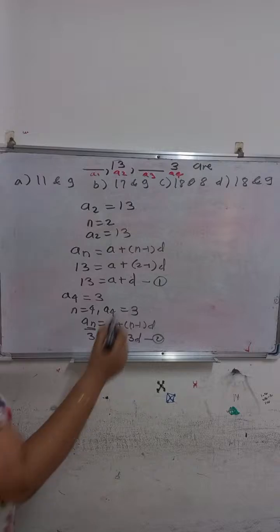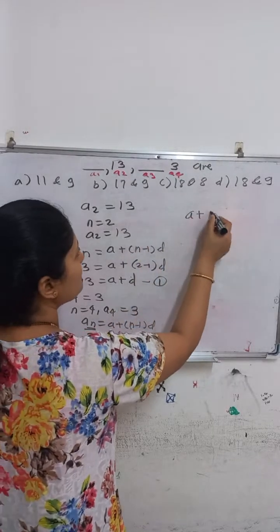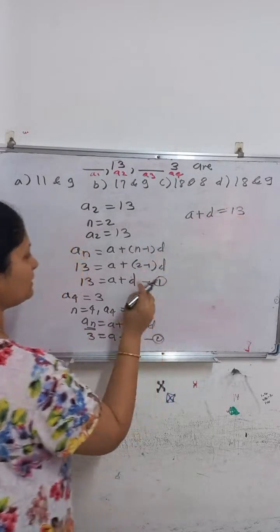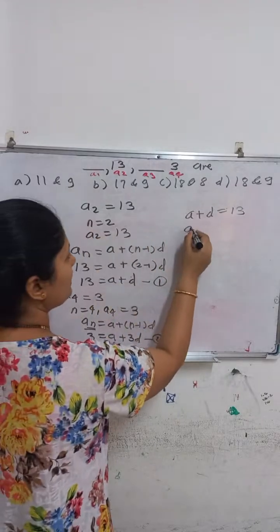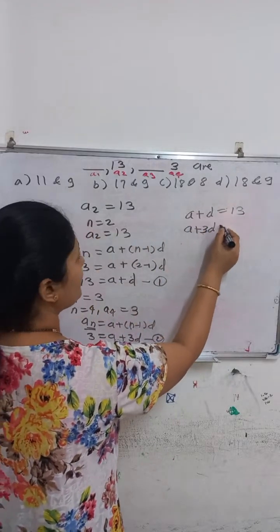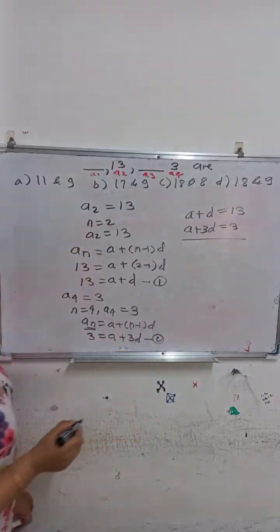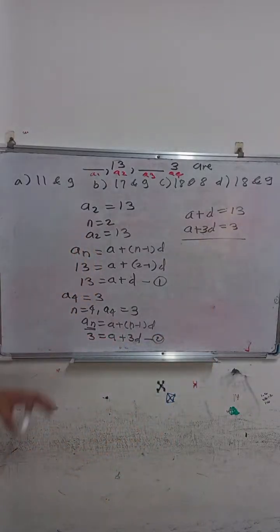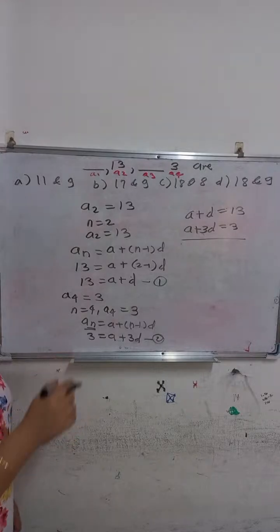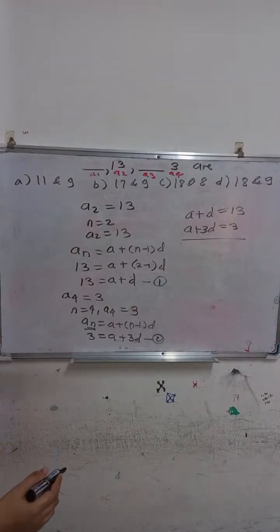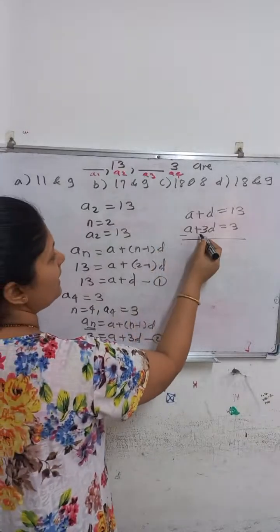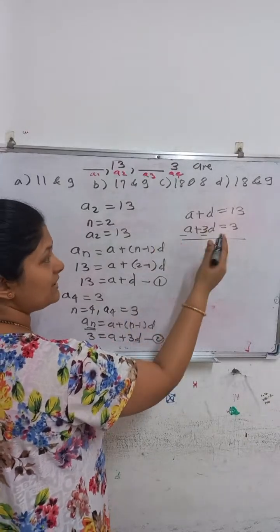Okay, so I got two equations. a plus d is equal to 13, which is my first equation, and the second equation is a plus 3d is equal to 3. Then you can solve this by the elimination method. So subtract this, so that all the lower signs get changed.